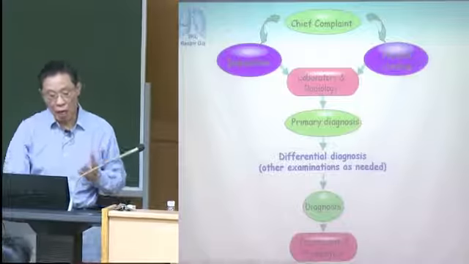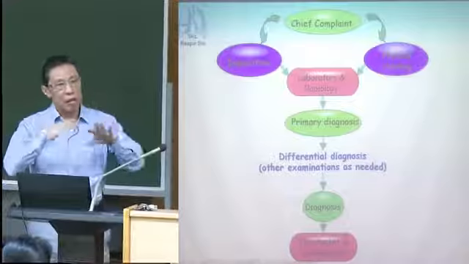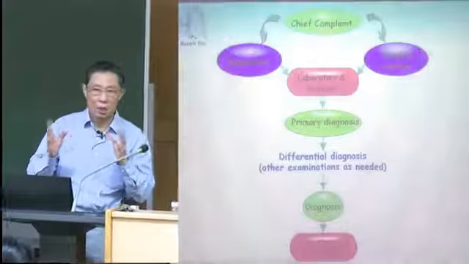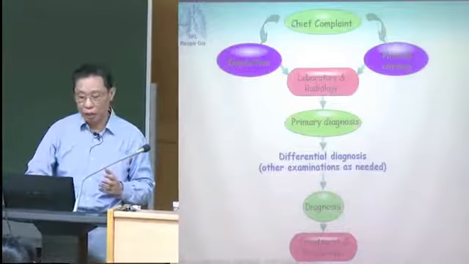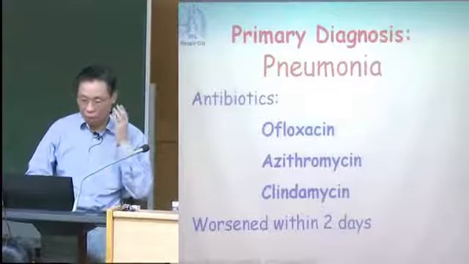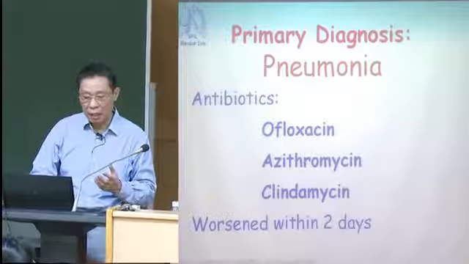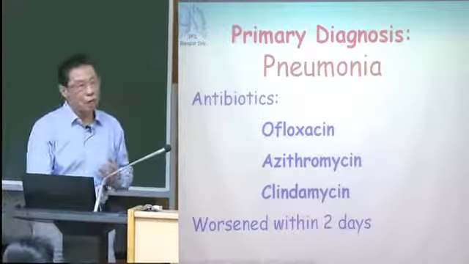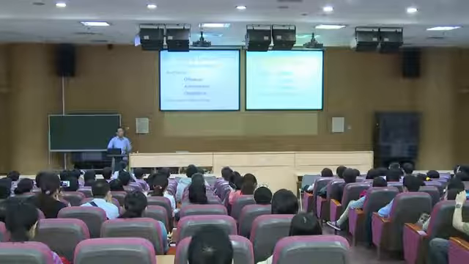Because the patient's situation was very serious, 很严重, there was no time for a lot of differential diagnosis. After the primary diagnosis of pneumonia, 肺炎, we gave him antibiotics, ofloxacin, azithromycin, clindamycin and so on, very formal, regular use.